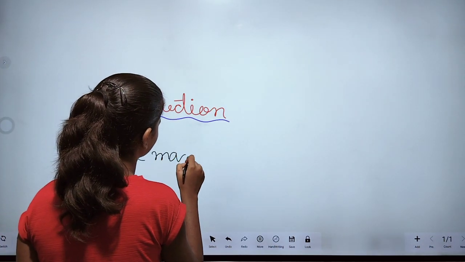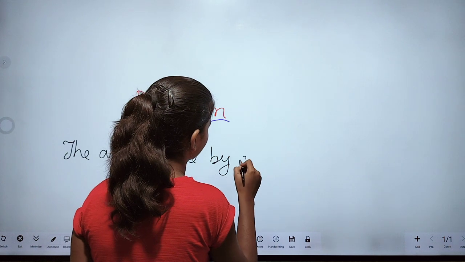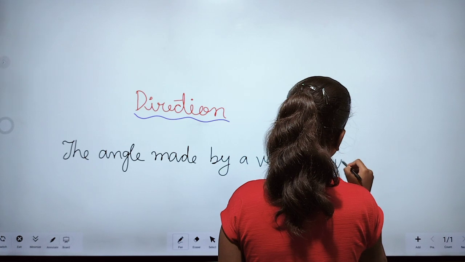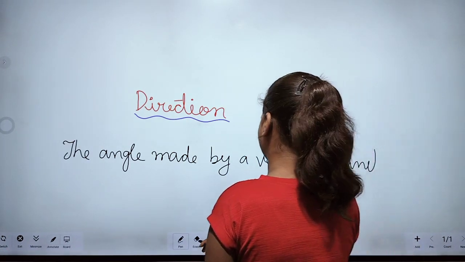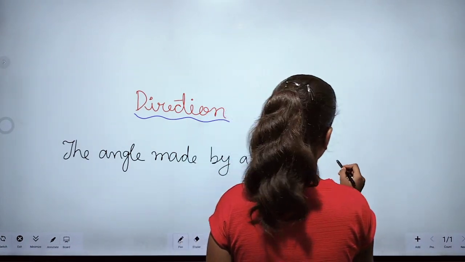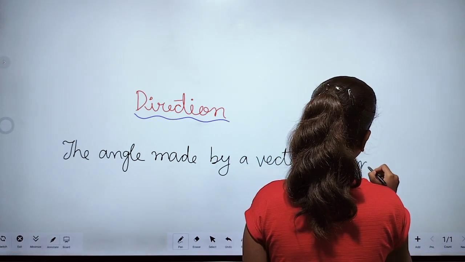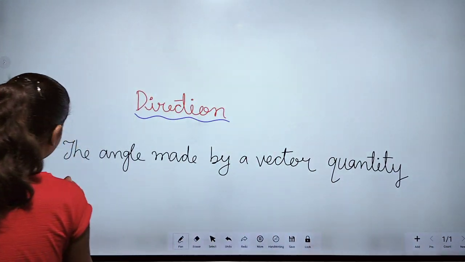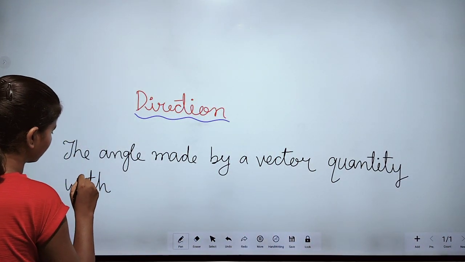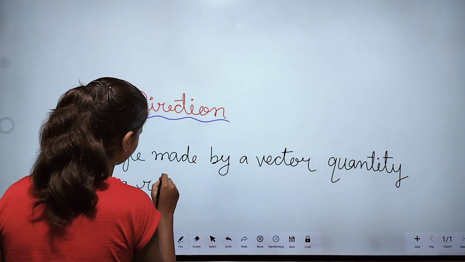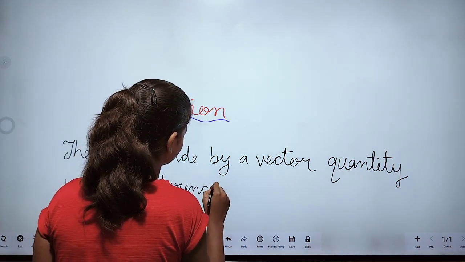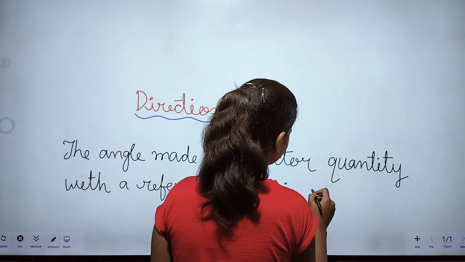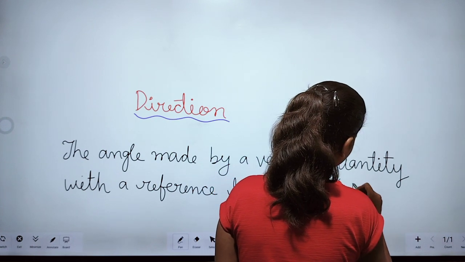The angle made by a vector quantity with a reference line is called direction.